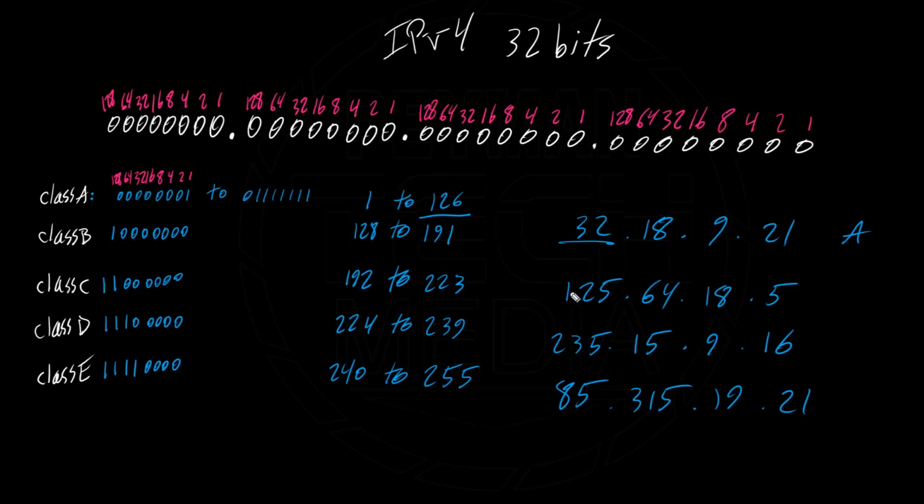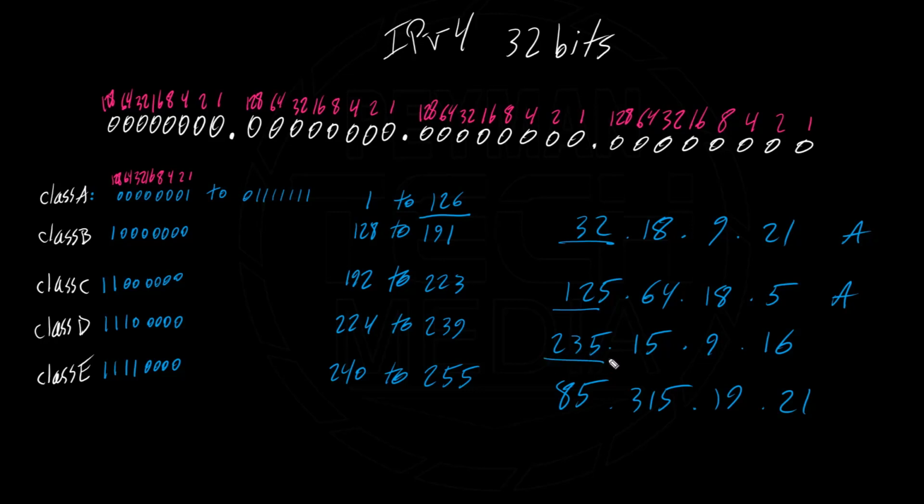Looking at the next IP address, 125 in the first octet. 125 still falls into the first range, between 1 to 126. So that's also a class A IP address. Now the next IP address.